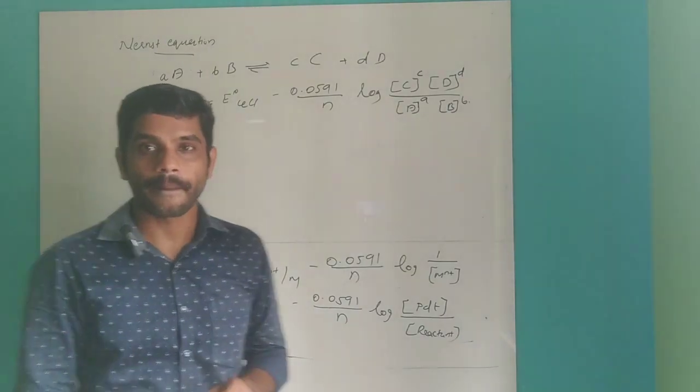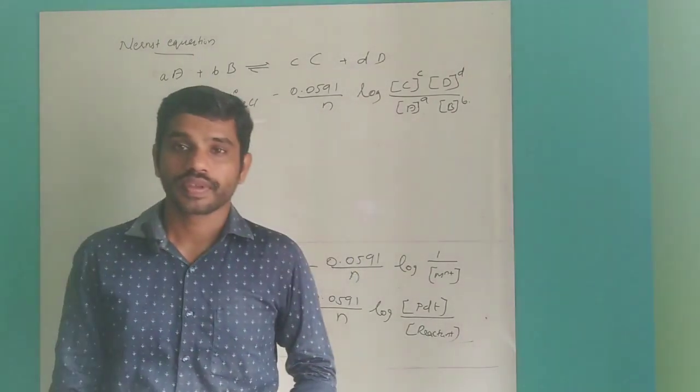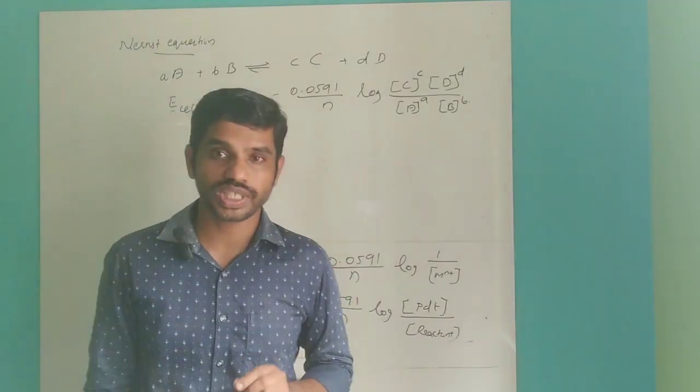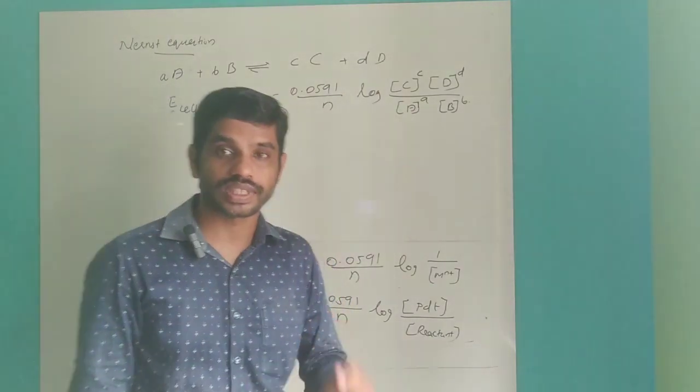Okay, so I am giving a cell. Can you write the Nernst equation for that cell?